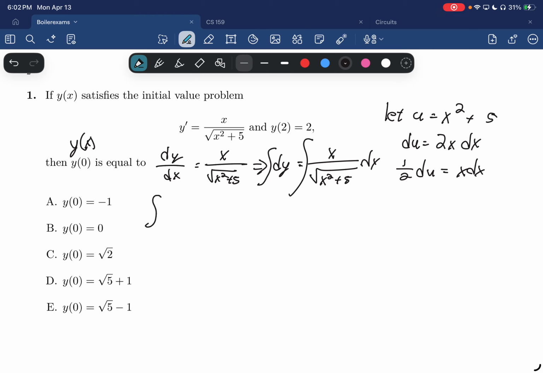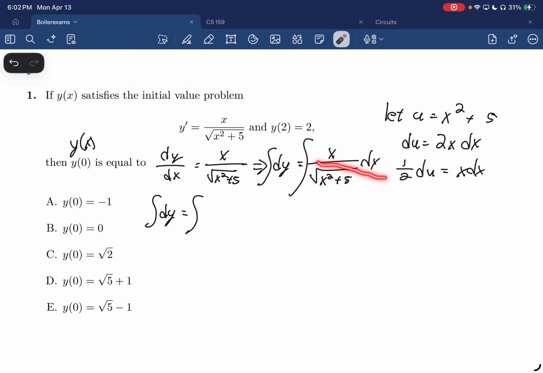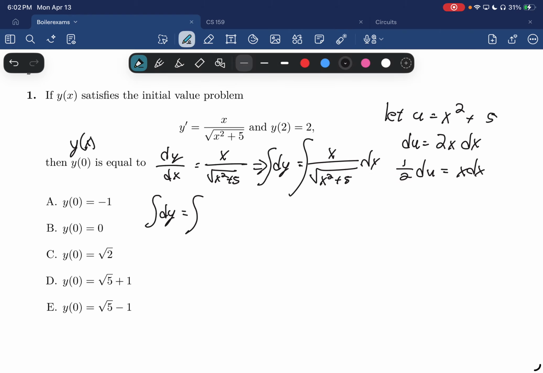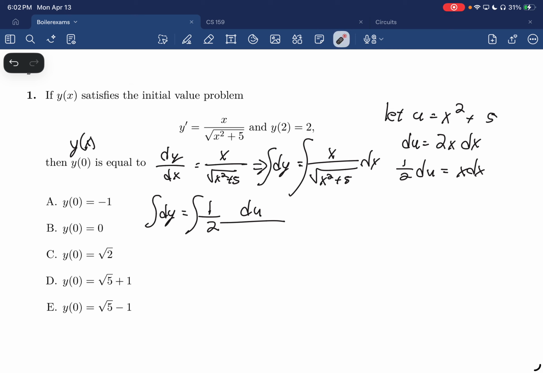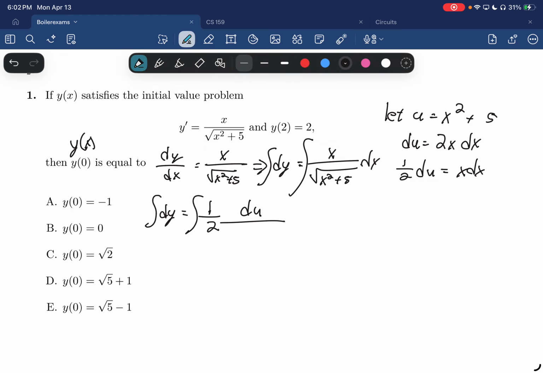The integral of dy is equal to, we know that x dx can be replaced by 1/2 du, so let's do that. 1/2 du, and we know that the square root of x squared plus 5, we made the substitution that u is equal to x squared plus 5, so if we plug in u equals x squared plus 5 here, then we know that it is the square root of u.